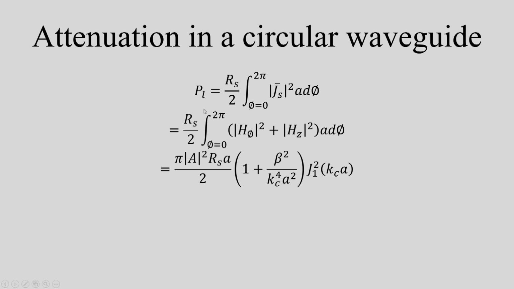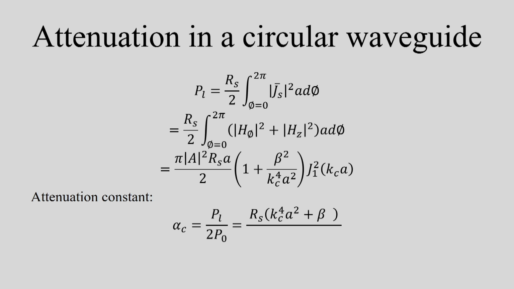And once we have P L and P 0 evaluated, we know that the attenuation constant alpha c is given by P L by 2 P naught.